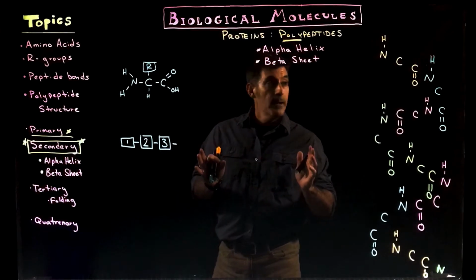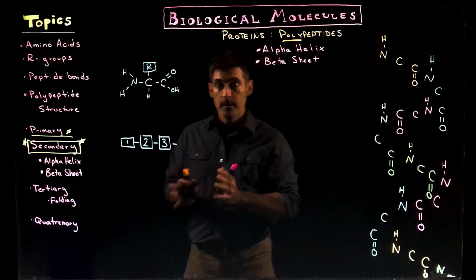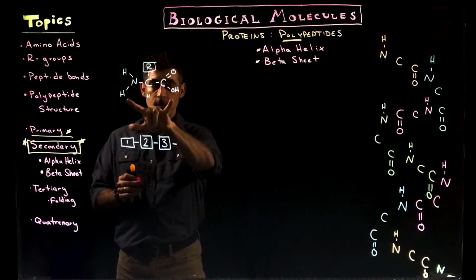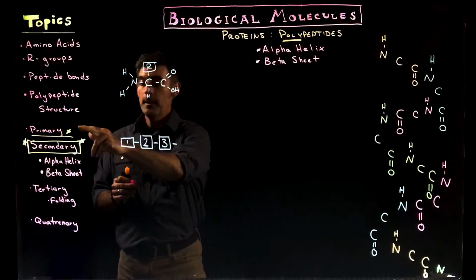All right, so we went over amino acid structure, the basic structure of what this looks like. Now we're going to link them together, and that's called primary structure.